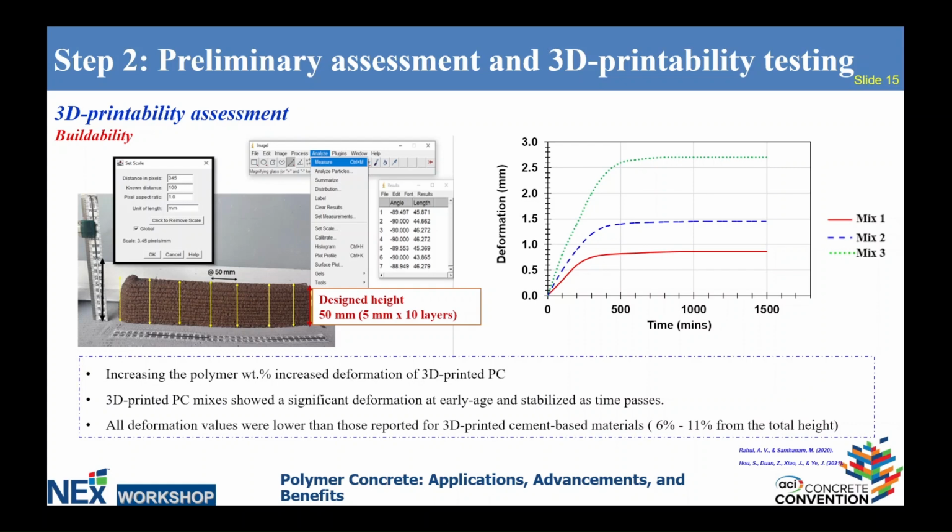We could see that increasing the polymer content, which is mix 3, had the highest deformation compared to mix 1, but all of them were within the range of traditional cement concrete, even below it, from 6% to 11%. And here are the references for the papers where they reported the same testing for traditional cement concrete.